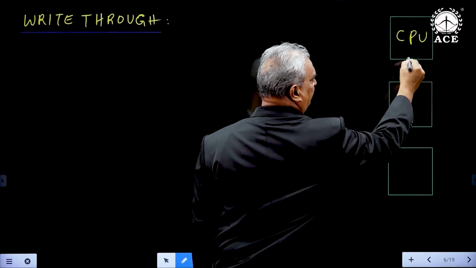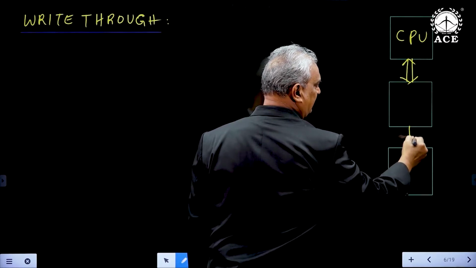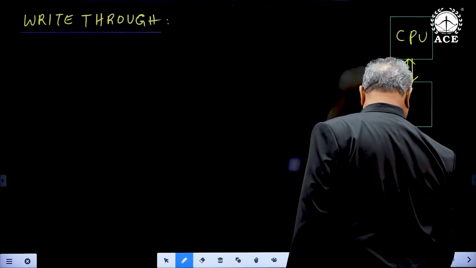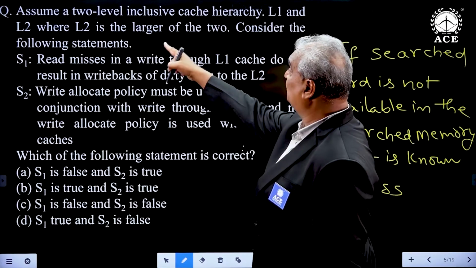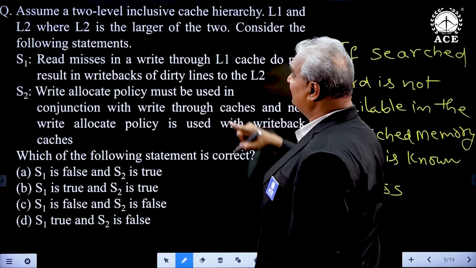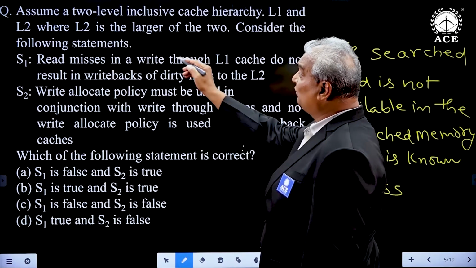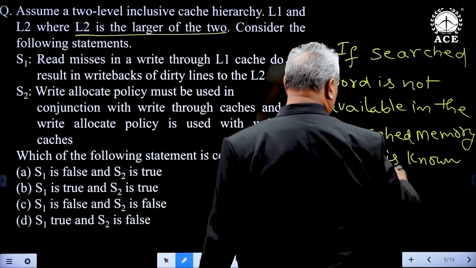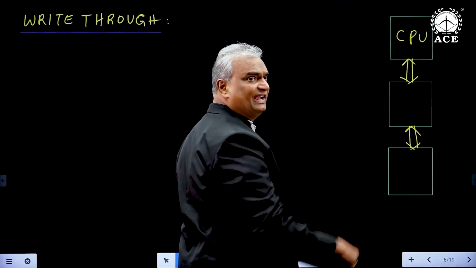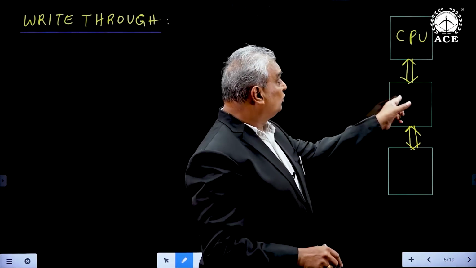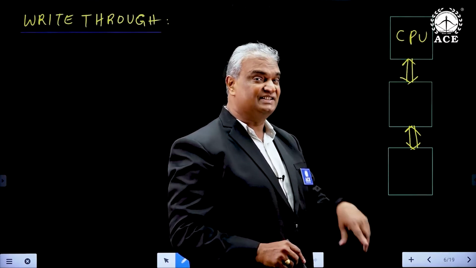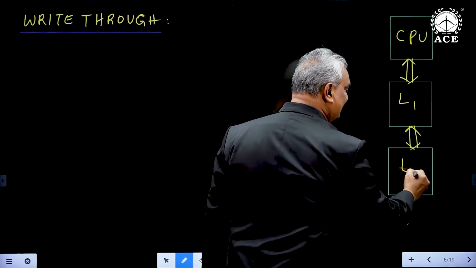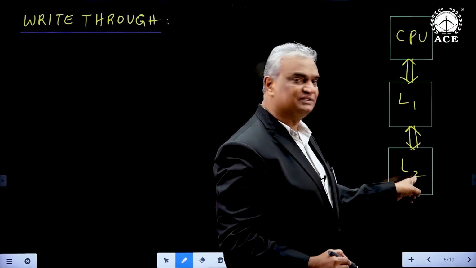These are buses, groups of lines, like this. According to the given question, it is a 2-level cache. L1 is the first level and L2 is the second level. L2 is the larger of the two, meaning L1 is smaller than L2. In the memory hierarchy, the closest memory's size is always the smallest. That's why it is L1 and it is L2. It is the L1 cache and it is the L2 cache.